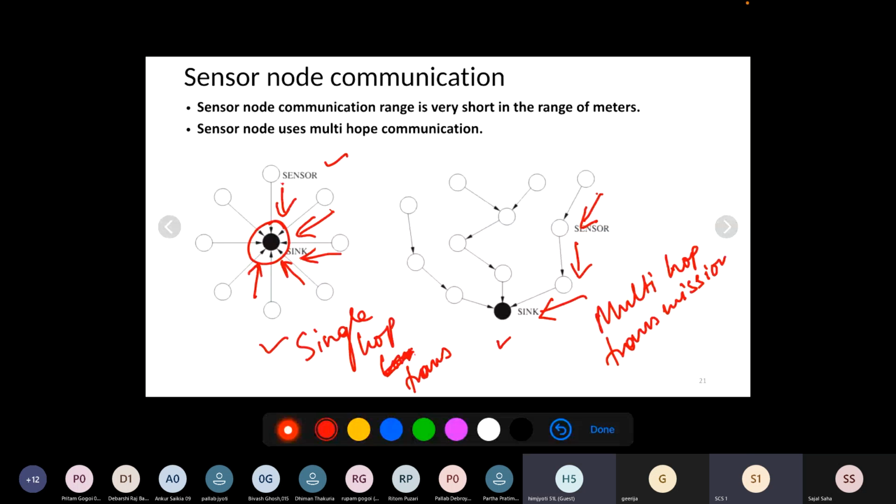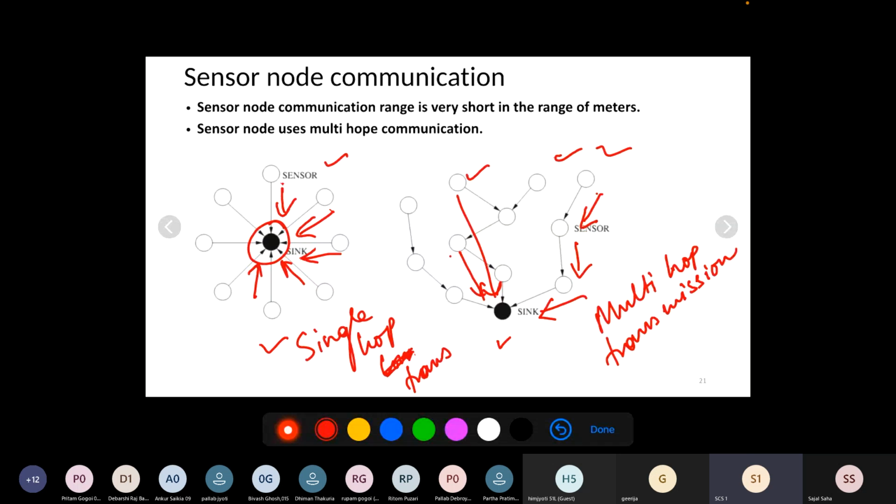Because, see here, all the nodes are not at the same distance. These nodes are at a further distance than these nodes. So those who are at a further distance require more power to transmit their data. If they transmit directly with more power, their power dissipation will be higher than these nodes.